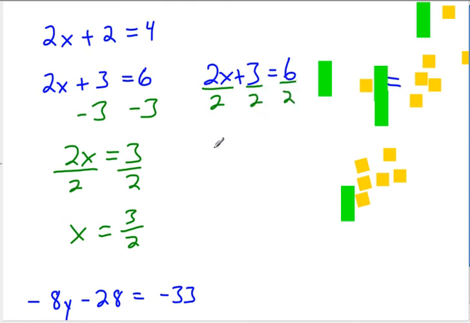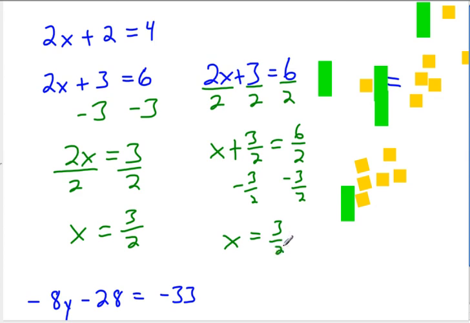And so here you end up with x plus 3 over 2 equals 6 over 2. And then when you subtract, we're dealing with a fraction, which works. It's just a little bit more painful for some people.